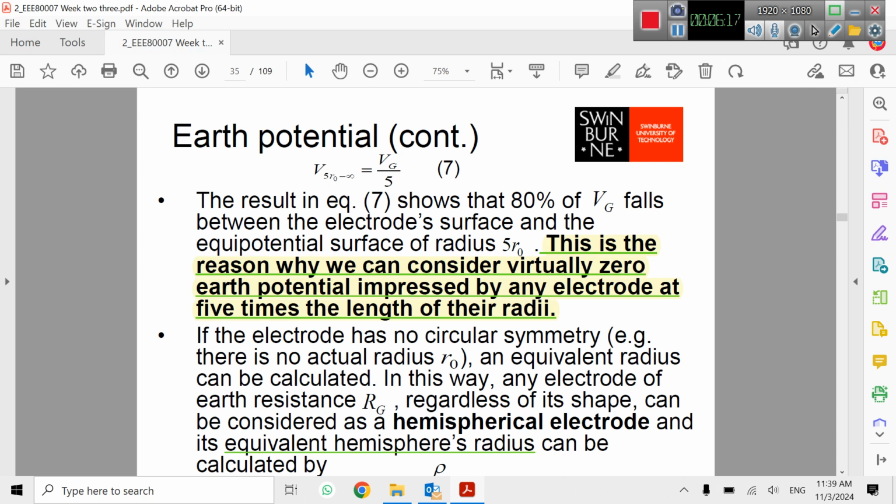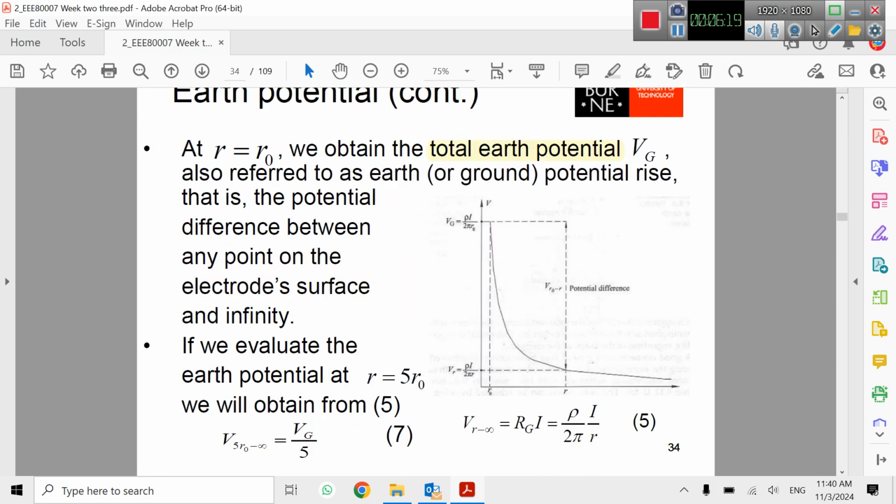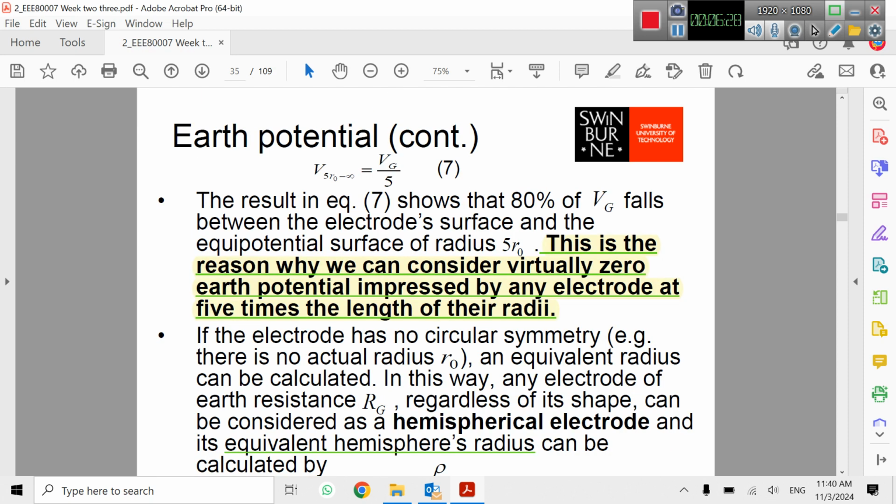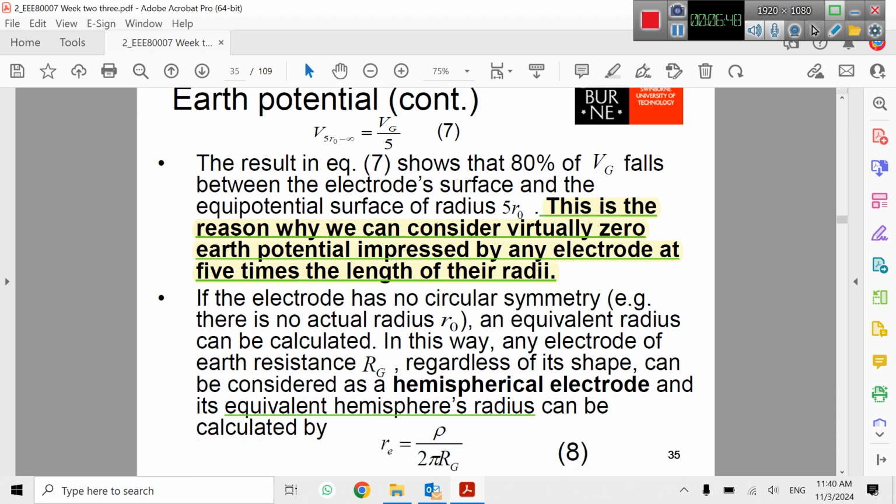In the previous case we considered infinity, but here infinity is meaningless for us. In practical applications, you have to consider the distance between electrodes to be 5 times the length of their radius. If the electrode does not have a circular shape, find the R for it, and then 5 times R should be considered for that electrode.